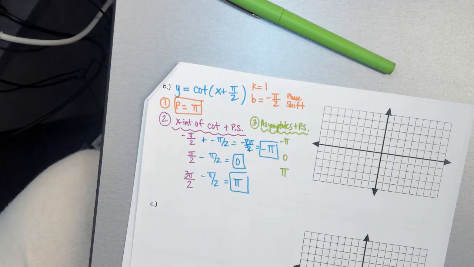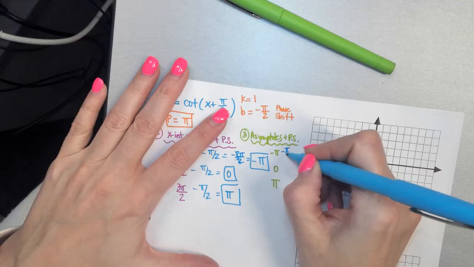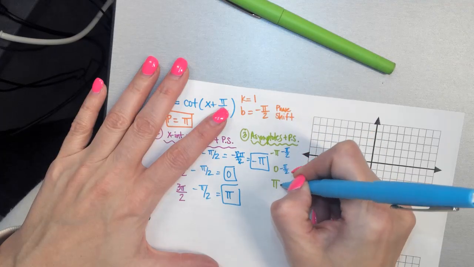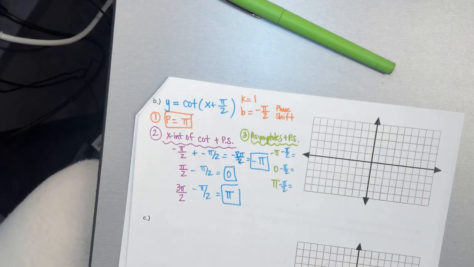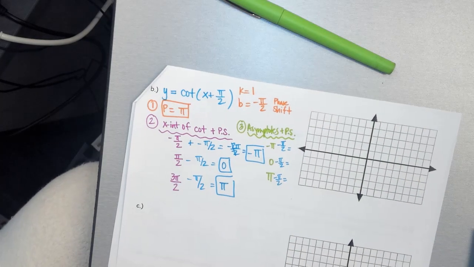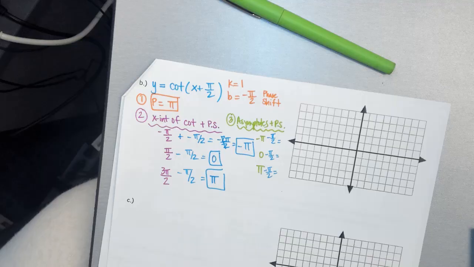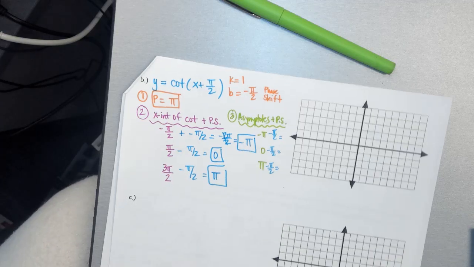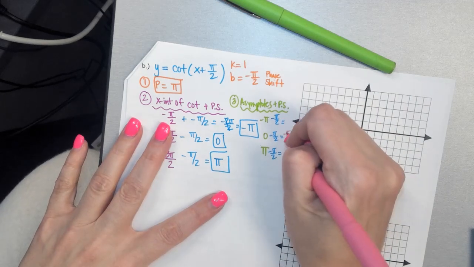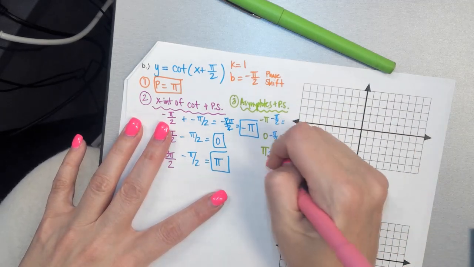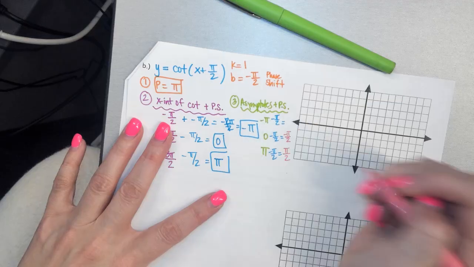So I can just subtract negative pi over 2 from each one. Those are going to be where we put our asymptotes. So if you have 0 minus pi over 2, you have negative pi over 2. Pi minus pi over 2 is positive pi over 2.